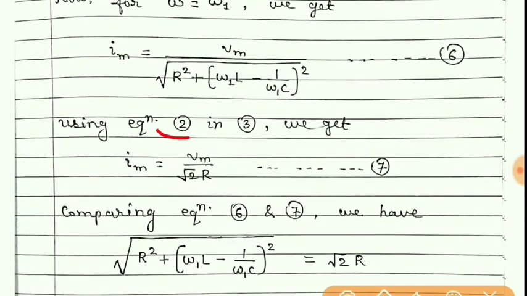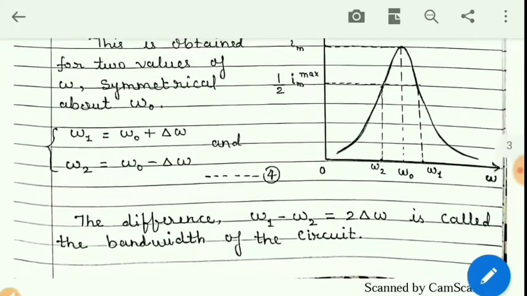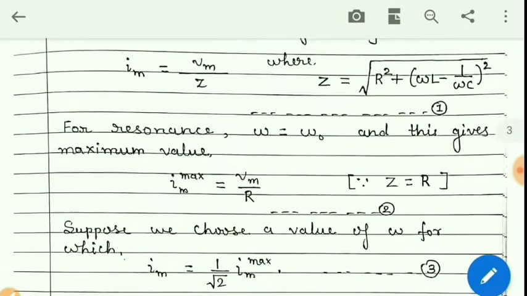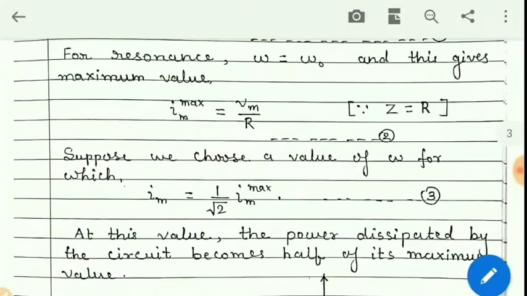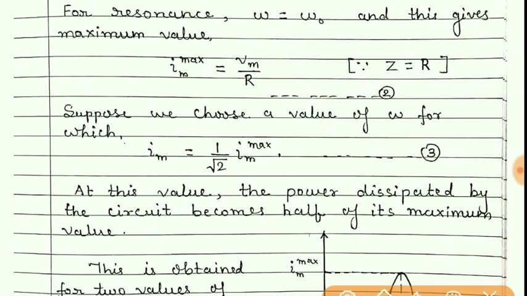So now, using equation number 2 in 3, once again let me show you the two equations. Using equation 2 in 3 means this equation is put in this equation.